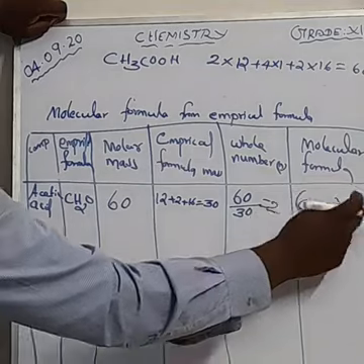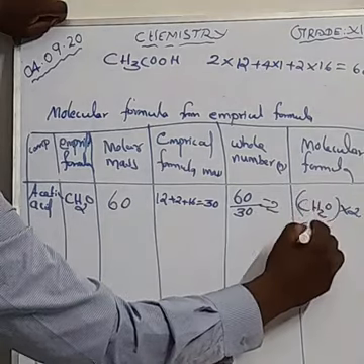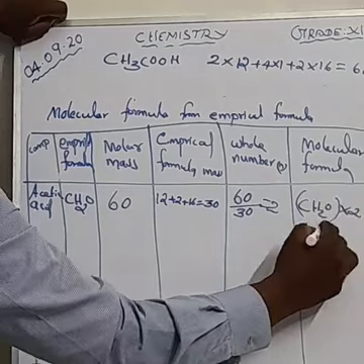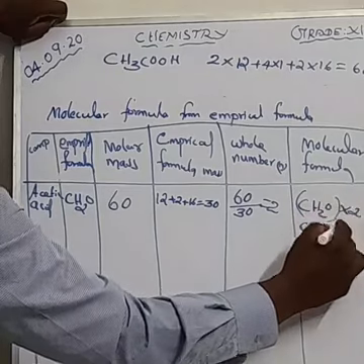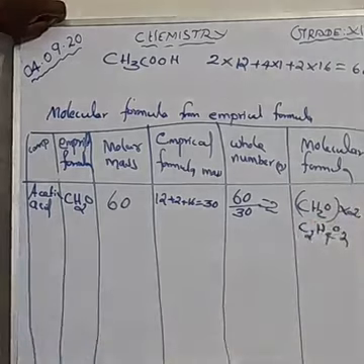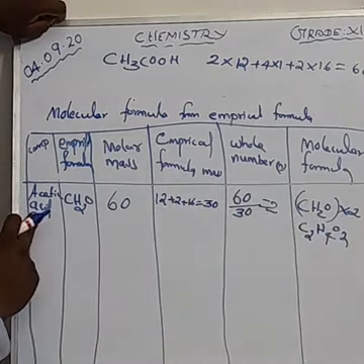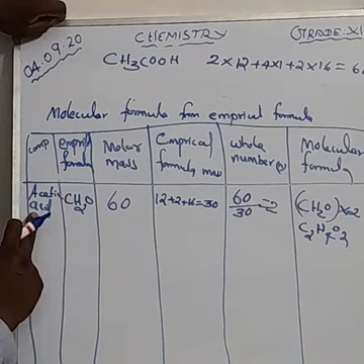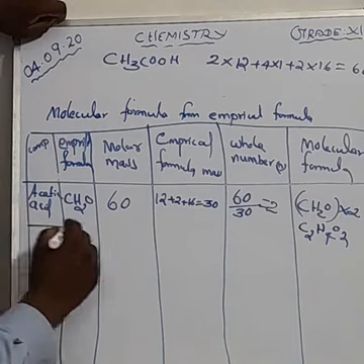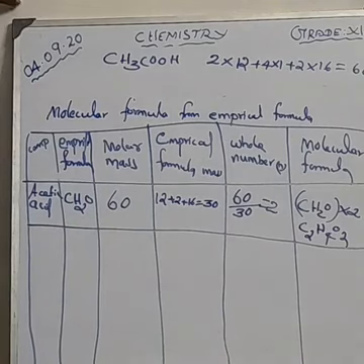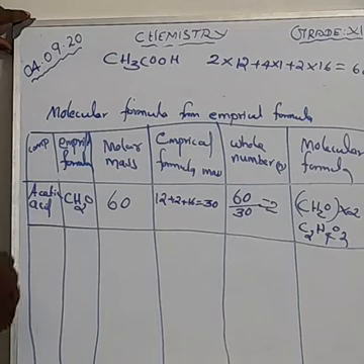So 2 into C is C2, hydrogen 2 twos are 4, H4, oxygen O2. This is the molecular formula for acetic acid. Clear? Can you write?